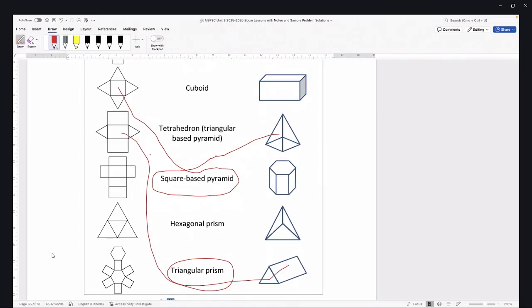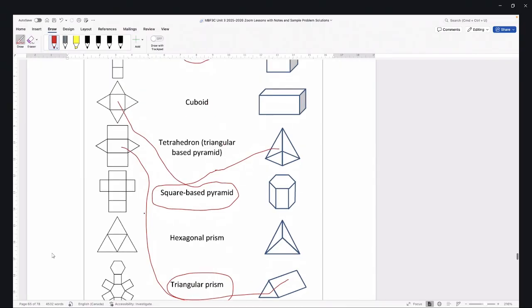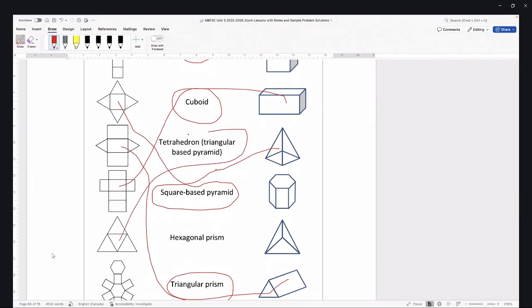This is going to be what they call a cuboid or a rectangular prism. So from here, that's the one. This one, because it's got a triangle and all the other triangles are exactly the same shape, that's a tetrahedron or a triangular base pyramid. It's a pyramid because the sides go to a point at the top. So that's going to be here down to here.